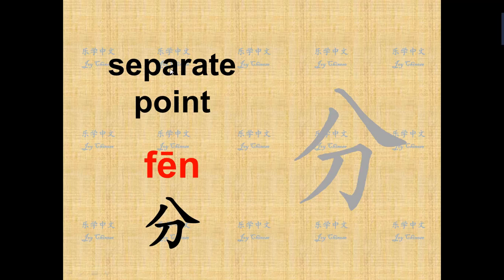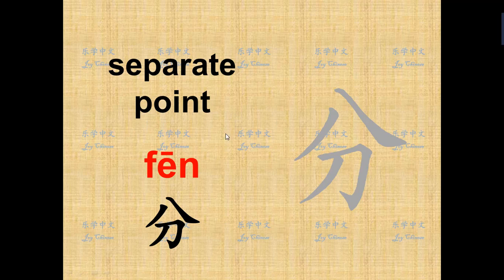Next one is combination of fu and n. Fu, n, fen, first tone. Fen, it means separate from something, or two things separate. And the other meaning is for point, for the score in a school.